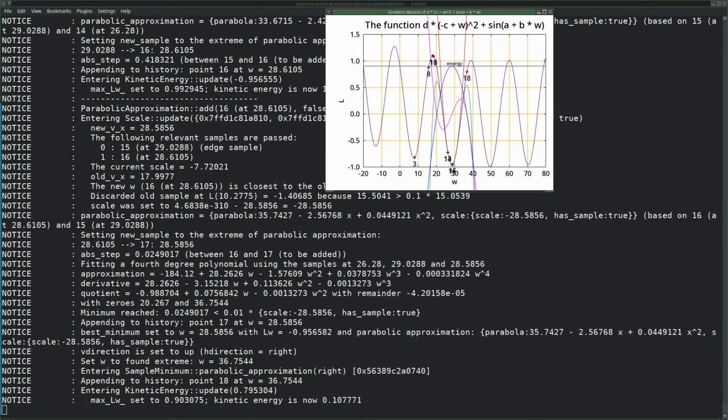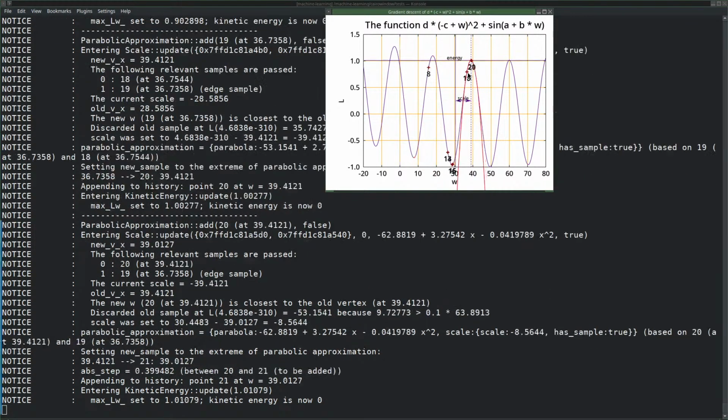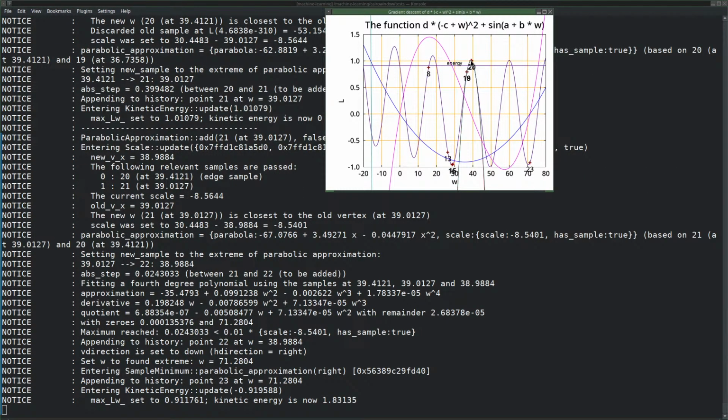Again, we find this minimum, and then we find that, and then we find that. And now something goes wrong, which is interesting. The fourth degree polynomial that is being fit in this maximum is super wide. How strange is that? It doesn't even remotely fit.